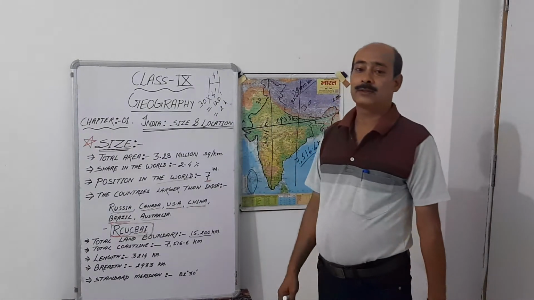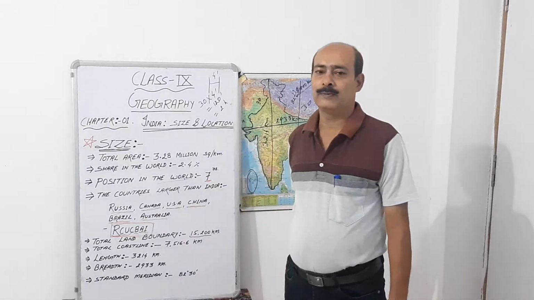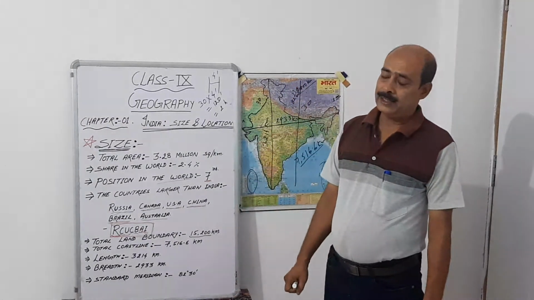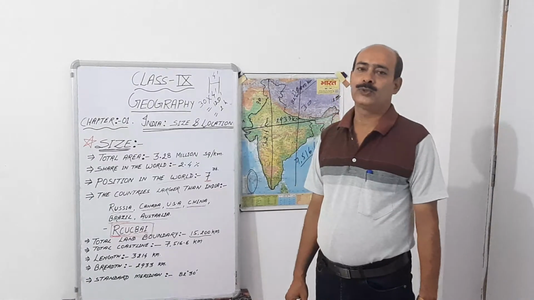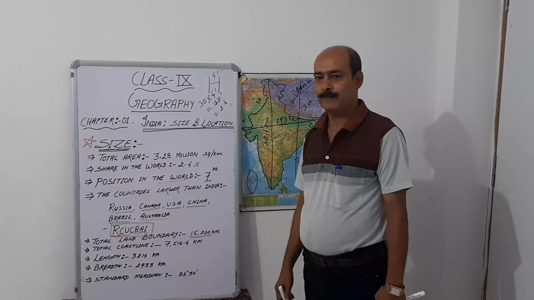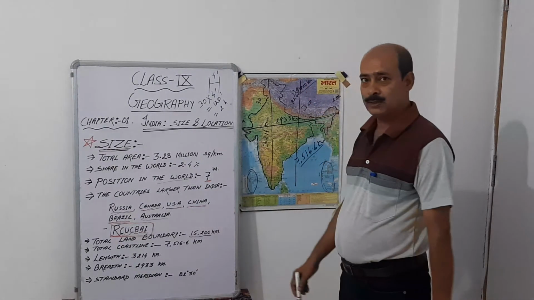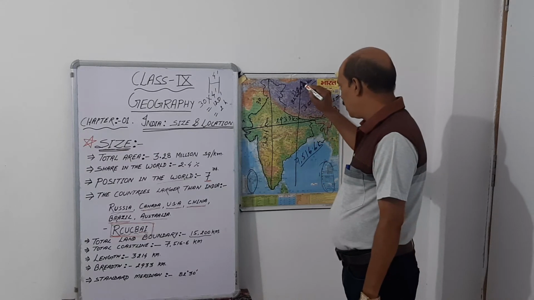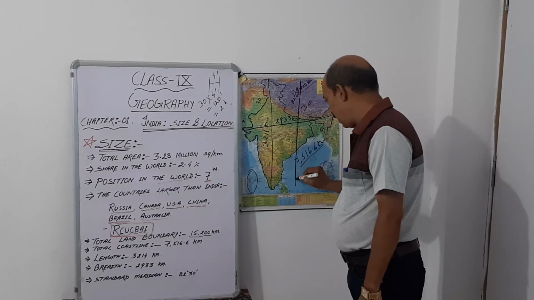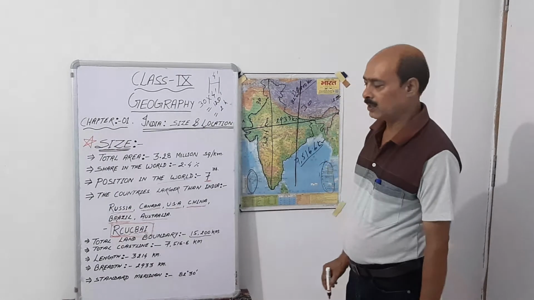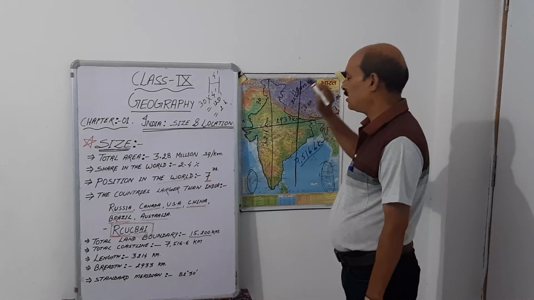Here two questions are possible. First question: why was 82 and a half degree eastern longitude selected as the standard meridian of India? Your answer is, it passes through the middle of our country, so it was selected as the standard meridian.